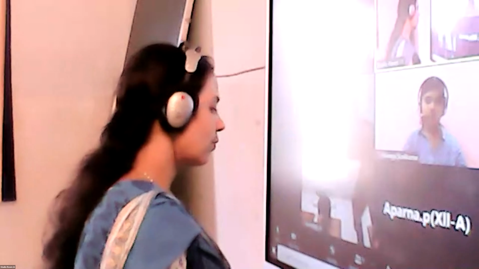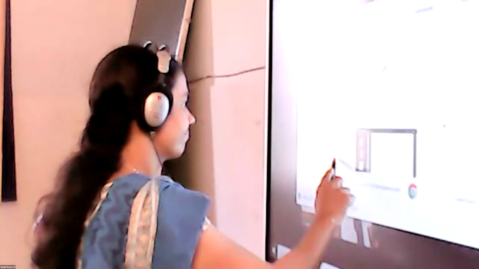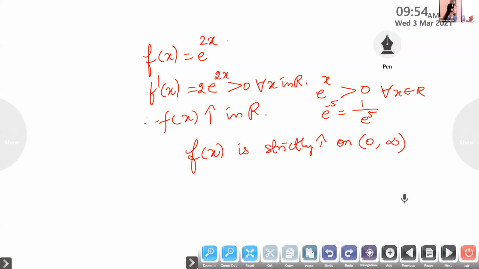What is the derivative of log x? 1 by x. So f of x is log x, and f dash of x is 1 by x. Now look here. If x is negative, 1 by x will be negative. But what is the domain given here?